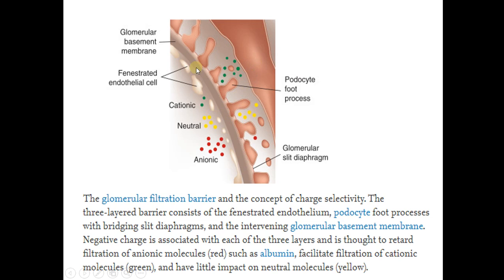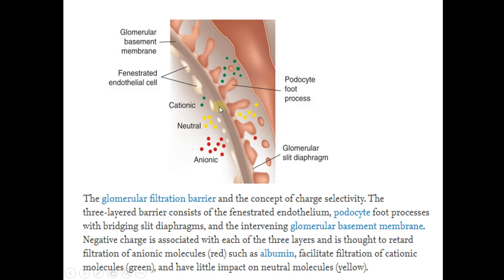Normally the whole basement membrane is negatively charged and it will repel the negatively charged proteins and molecules. However, as compared to the ability of the glomerular basement membrane to repel anions which are negatively charged, the positively charged ions, the cations, can easily pass through the filtration barrier.